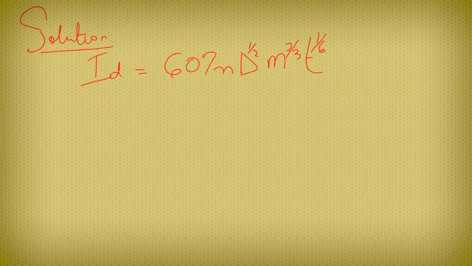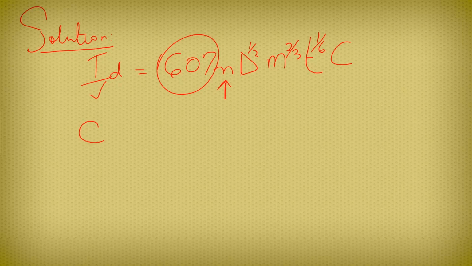Now we are going to use the Ilkovic equation, which is ID is equal to 607 n D to the power half, m to the power 2 over 3, t, which is time, to the power 1 over 6, and then the concentration. Now, if we go back to the problem, we have a value for ID. 607 is a constant we already know. n is the charge.